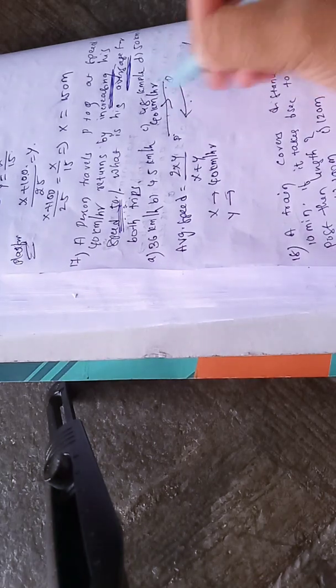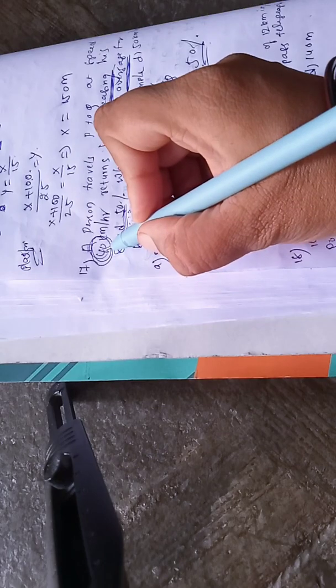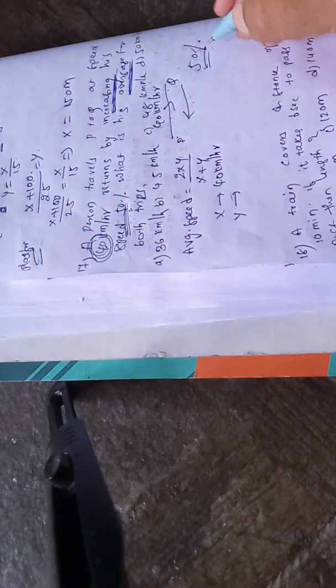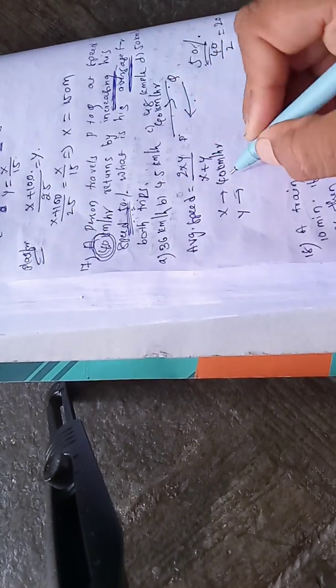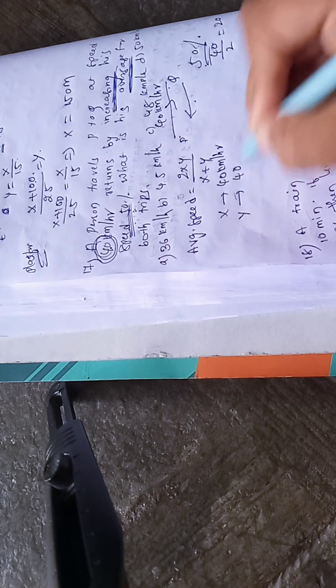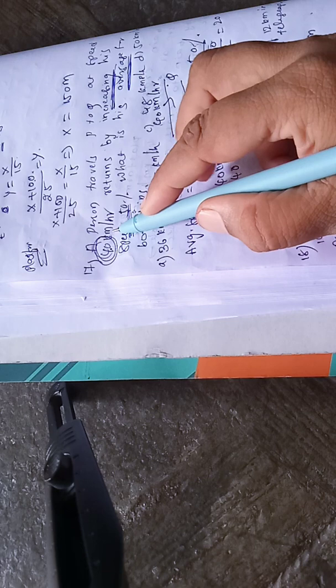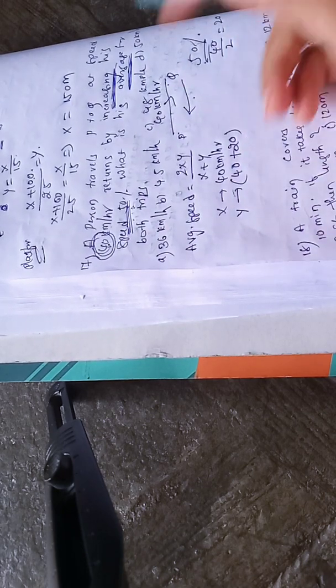Now here, 40 km per hour is the initial speed, no? So in 40, what is the half value? 40 by 2, 20. While returning, he is increasing by 20, which means half of the 40.